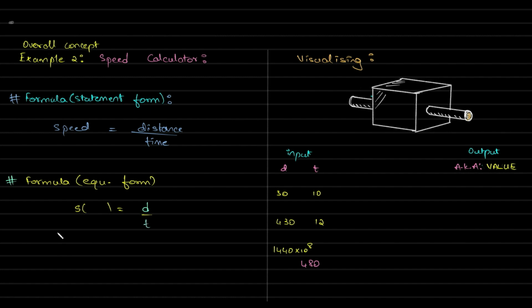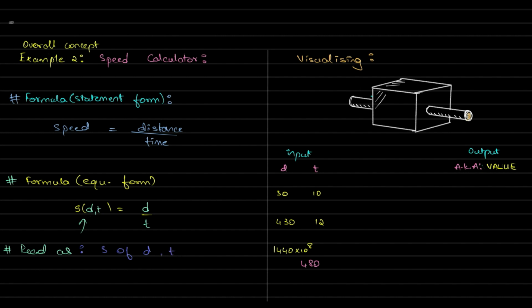We need to write it in this way, indicating that speed is dependent on distance and time. It is read as S of d comma t.